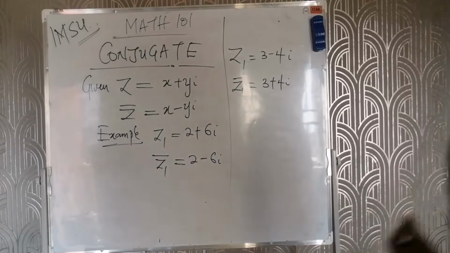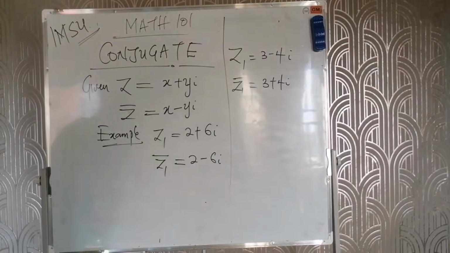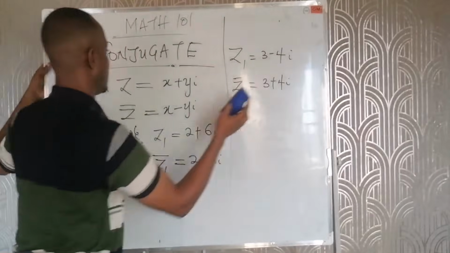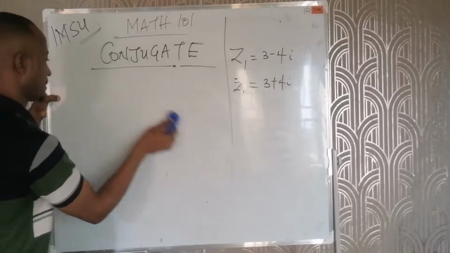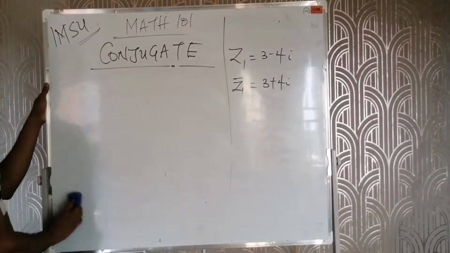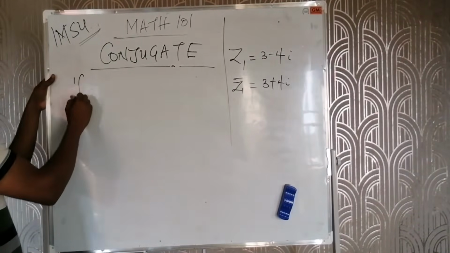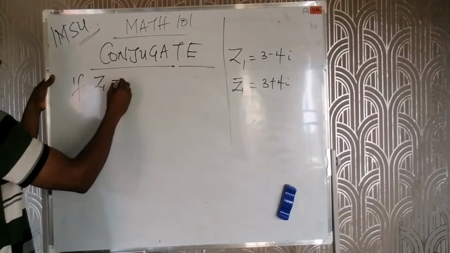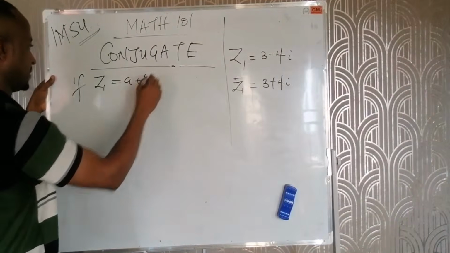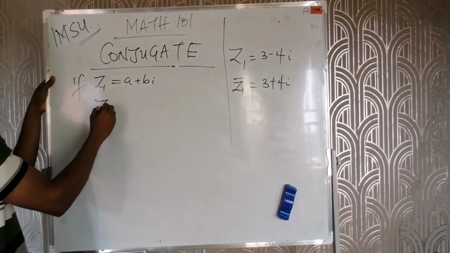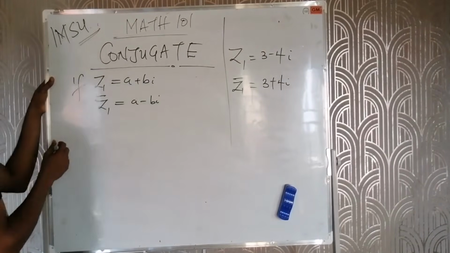Okay, so let's finish up. I want us to note a very important principle under conjugates. If z1 equals a plus bi, the conjugate of z1 will be a minus bi.